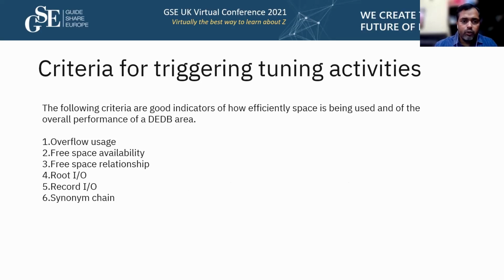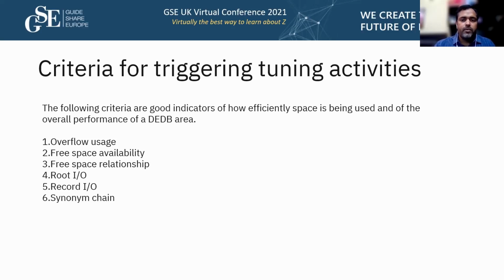First of them is the overflow usage, how the overflow is being used, especially the IOVF portion. Then comes the free space availability: does your area have free space? And then comes the free space relationship. At times you have free space available, like in the example we have seen about that particular room, you have a lot of free space available, but at some point you will need to add some more because the free space is not utilized properly. So the free space relationship is also important.